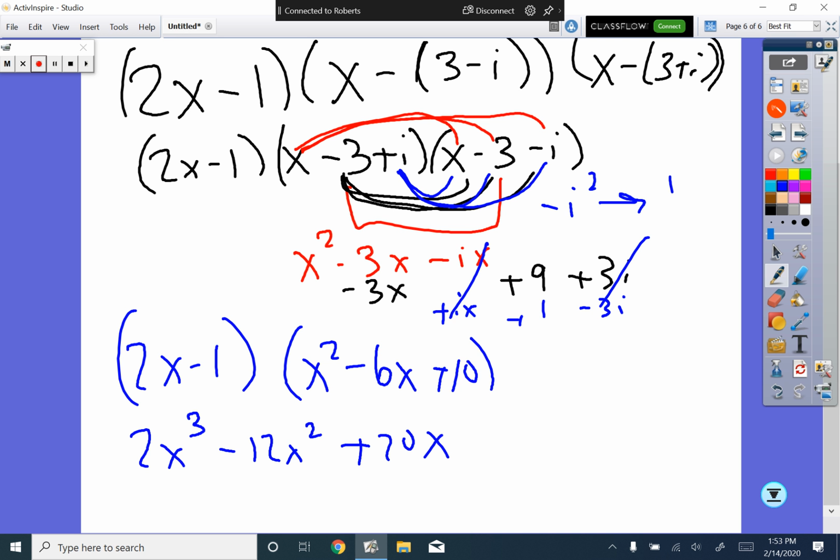Then I'm going to distribute the negative 1. I get negative x squared plus 7x minus 10. Oh, 6x, sorry. Is that good enough? Can you guys see that's a 6? Guess I could redo it.